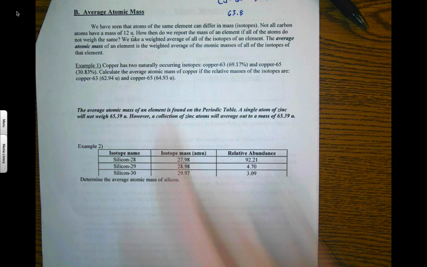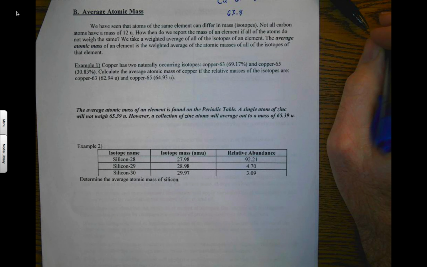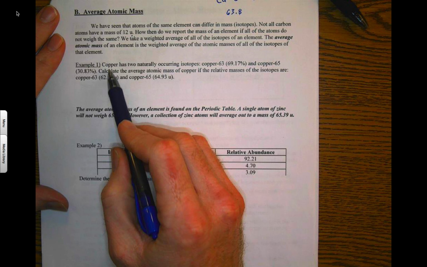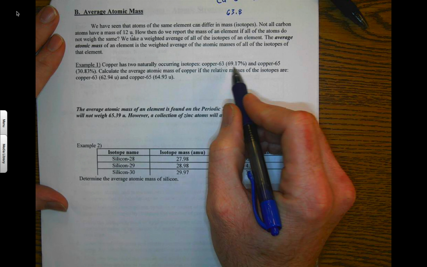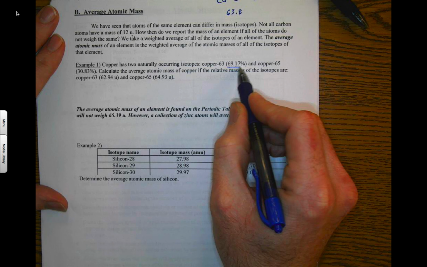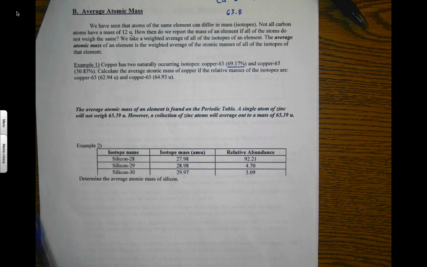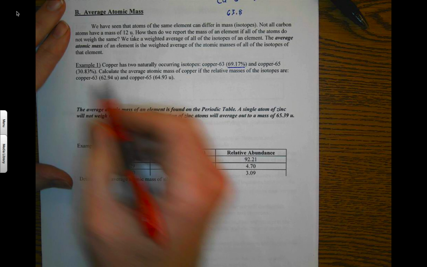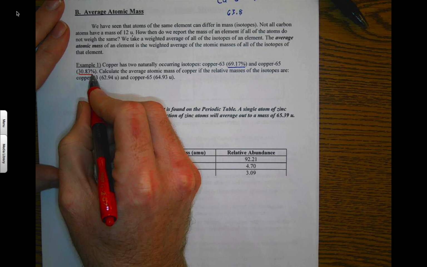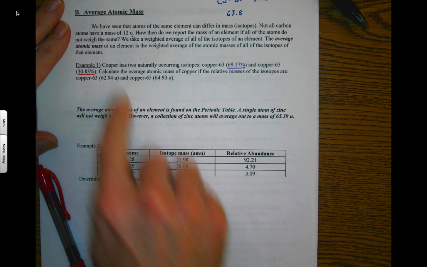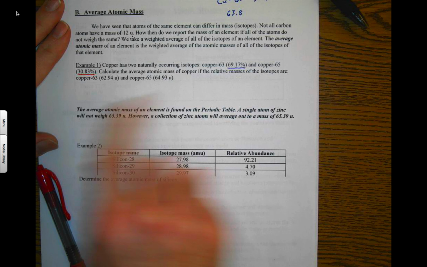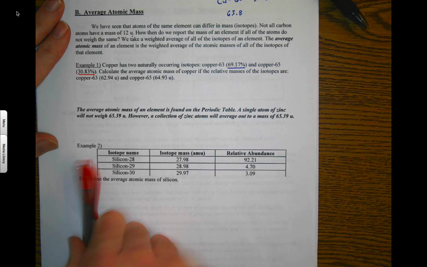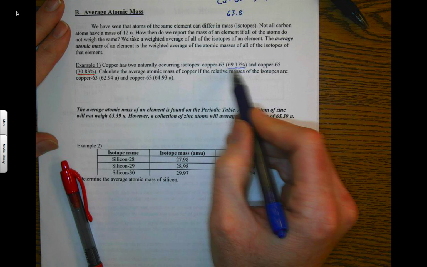These are really easy to do, especially if you have some color codes. Copper has two naturally occurring isotopes, copper 63, which is 69.17%, and copper 65, which is 30.83%. We're going to calculate the average atomic mass of copper if the relative masses of the isotopes are as follows. Copper 63 was blue, right?